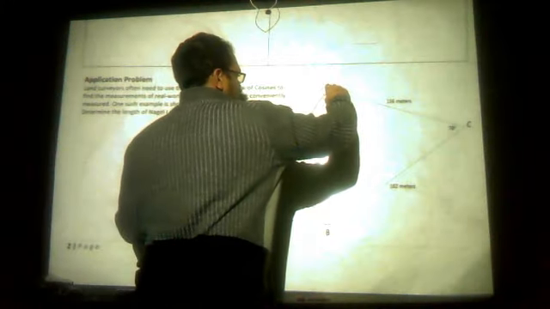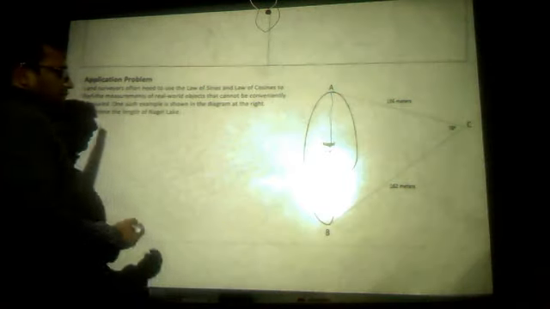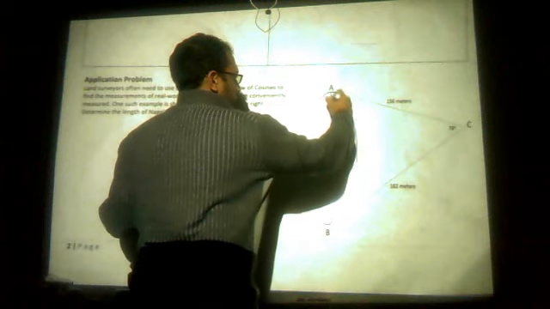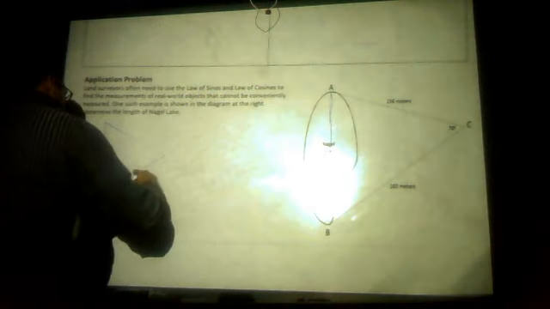Well, the length of Nagle Lake is this right here. So what am I trying to find? I'm trying to find this side. What side is that? Well, first thing I'm going to do is draw the triangle that I see. Then I'm going to draw everything that I know. I know that this side is 162 meters, and this side is 162 meters.